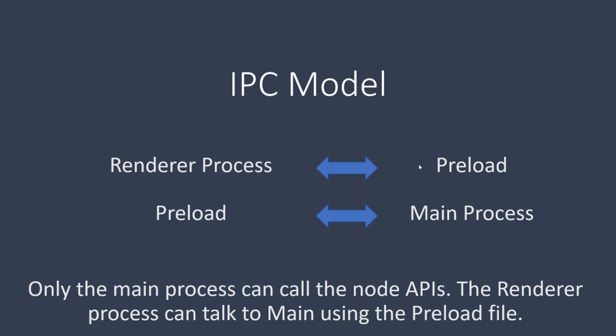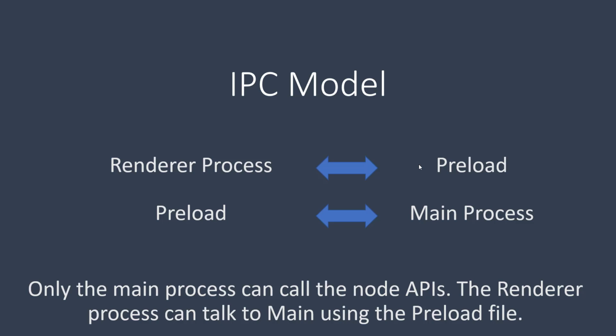So now the current IPC model says that the renderer process has to be pretty much isolated from the main process, and all the communication with the main process should be exclusively through the preload script. So we have three important files. Any window or screen that you make in the app will have three files.